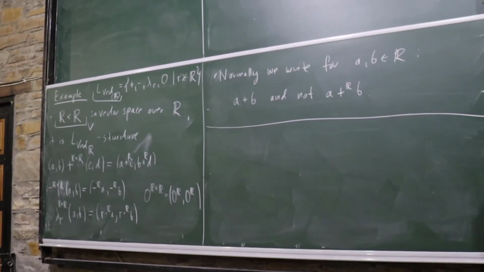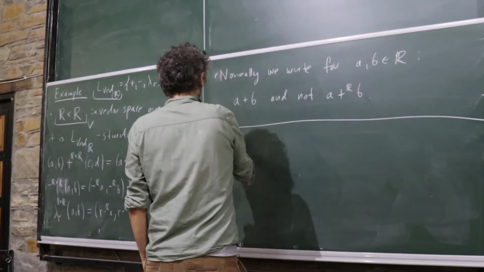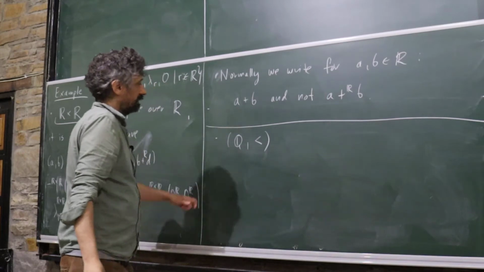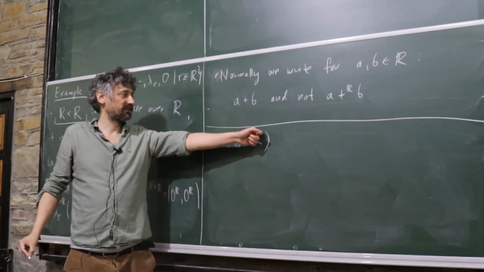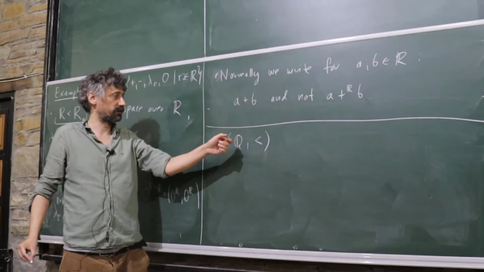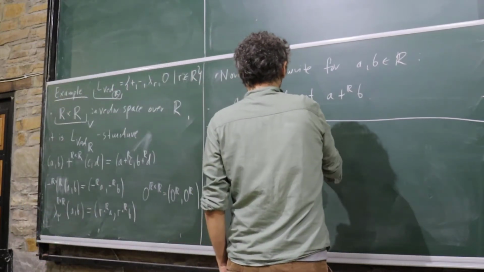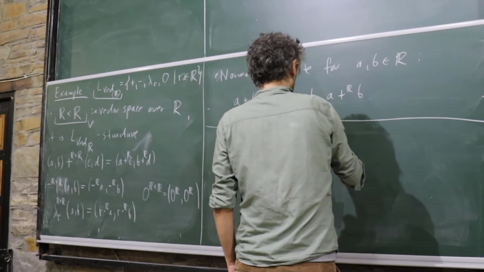So now I will do the same thing. I'm not writing the superscript on Q. This is the usual order on Q, so this is an L_O structure.